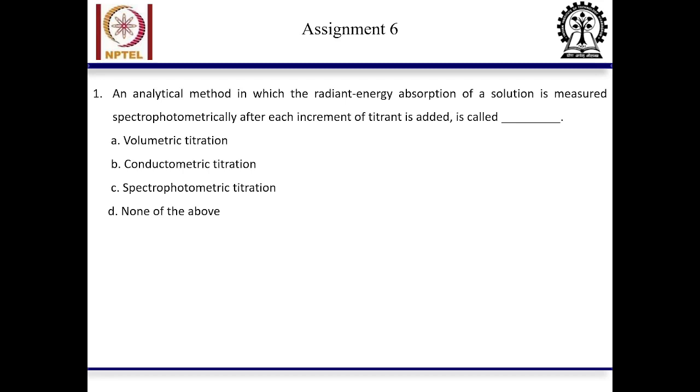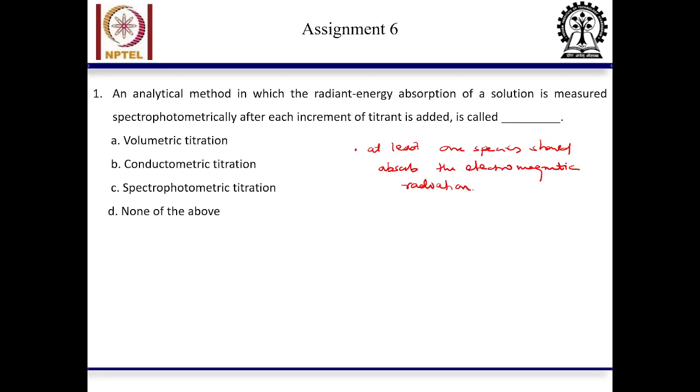So what are the things we have to keep in mind? The first thing is that at least one species should absorb the electromagnetic radiation. This is the basic condition for spectrophotometric detection.